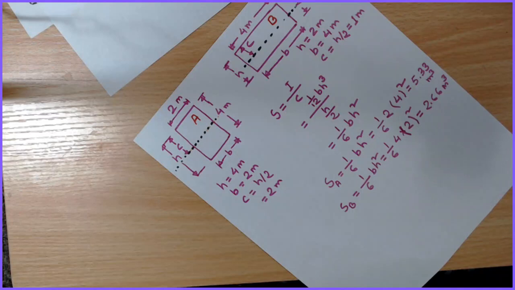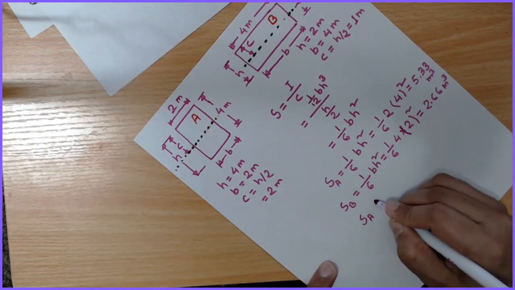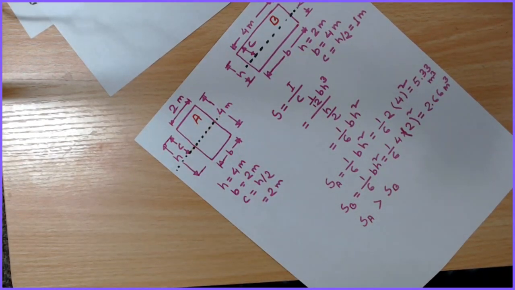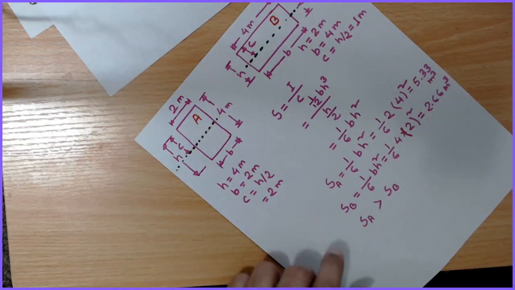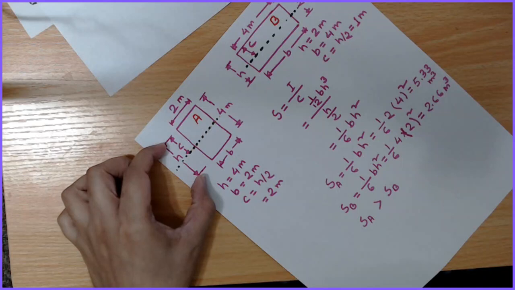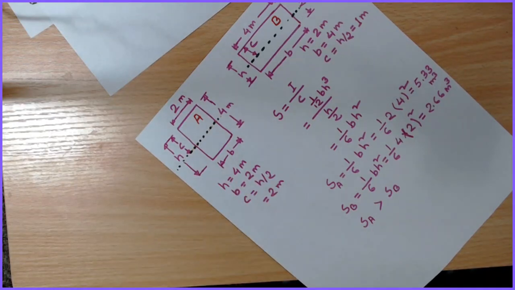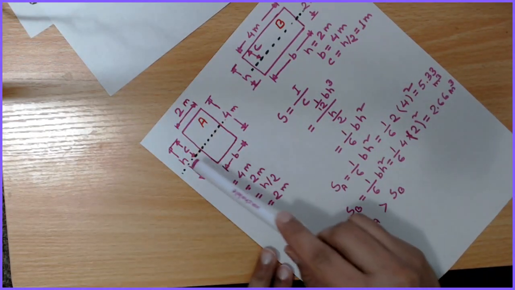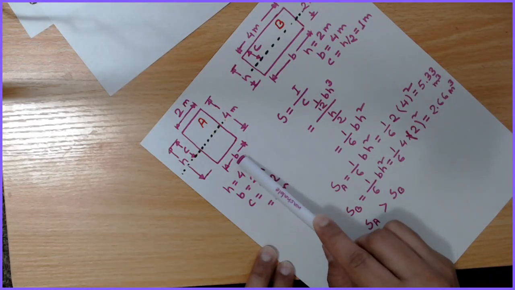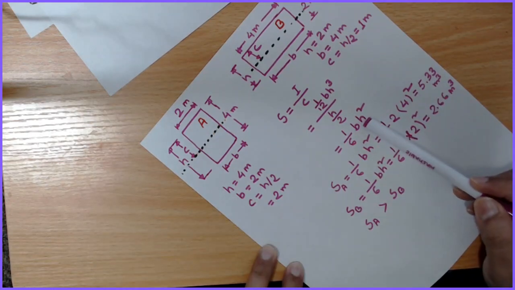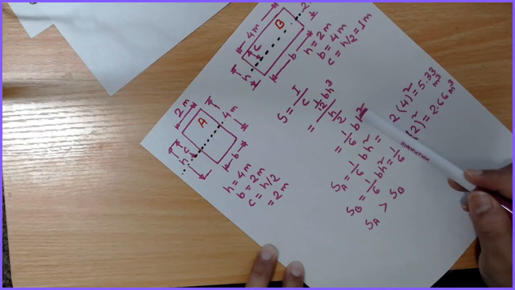So clearly you can see the section modulus A is greater than section modulus B. So this tells us the section modulus is a geometric property, and in general if the height of the section is more than the width, h is more than b, then your section modulus will be higher, because of bh squared, so h has a power of 2.